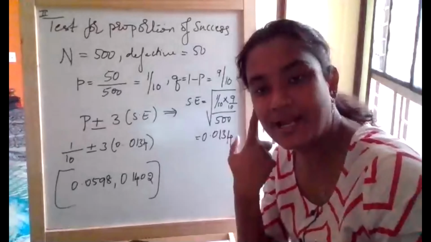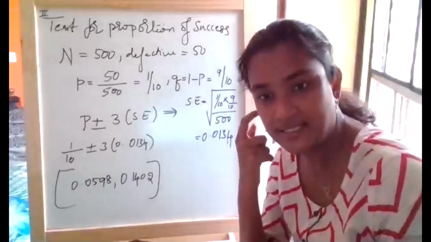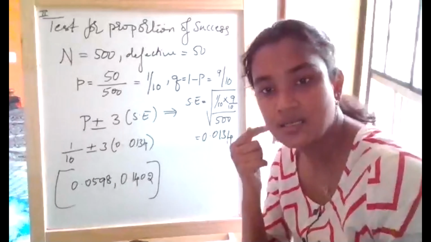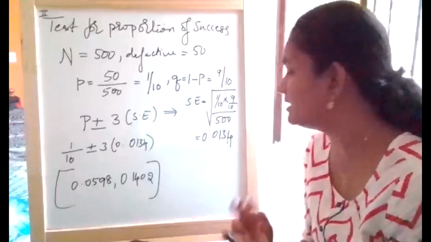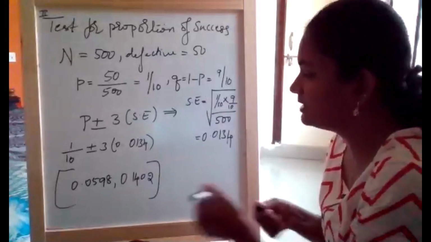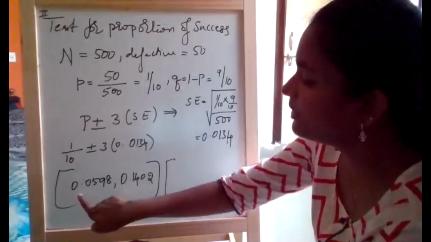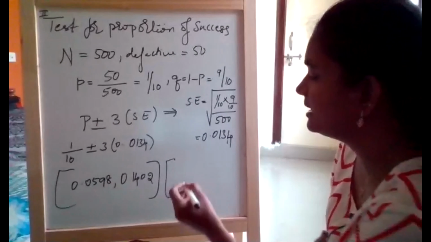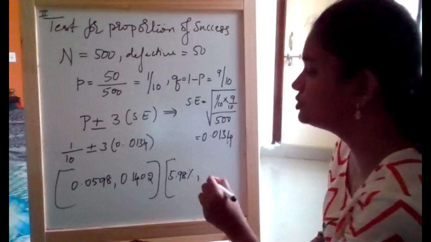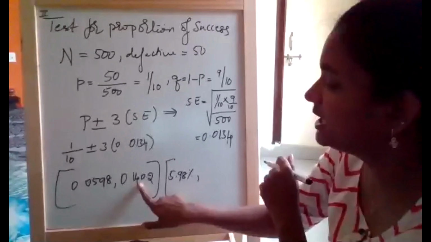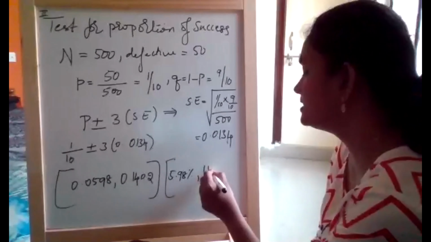But in the question they are asking us to find out the percentage. Percentage means multiply the probability value by 100. So the first percentage will be 0.0598 into 100, so it is 5.98%, and the other is 14.02%.